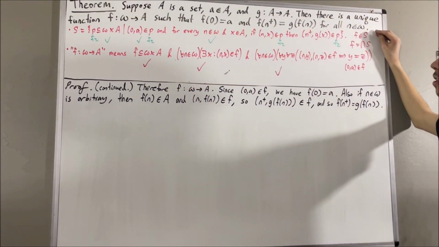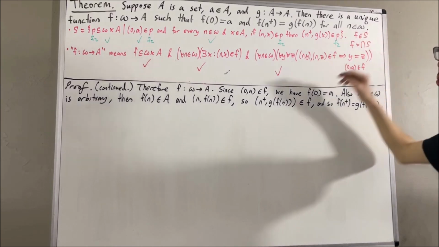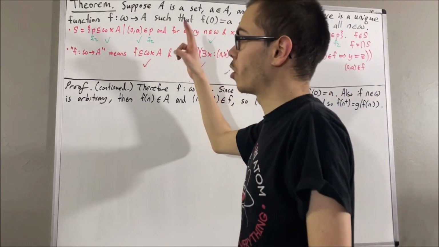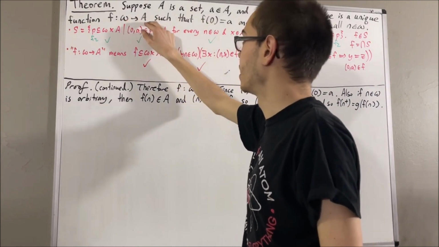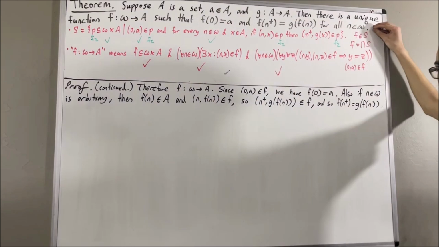And to prove that, well, we're trying to prove uniqueness. Let's suppose we have two functions. I'll call them f prime and f prime prime, which are both functions from omega to A, and they satisfy these properties.